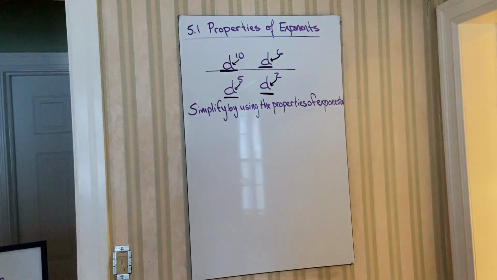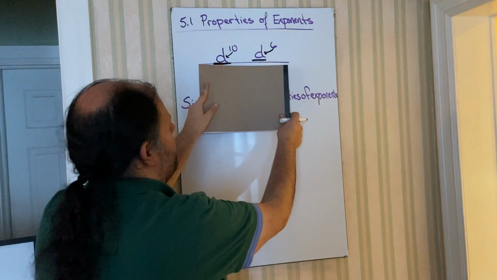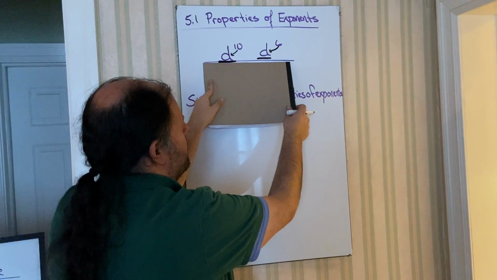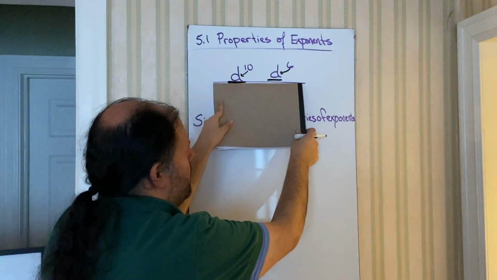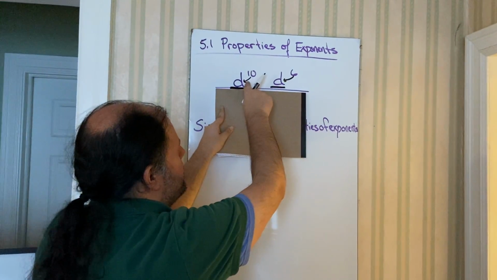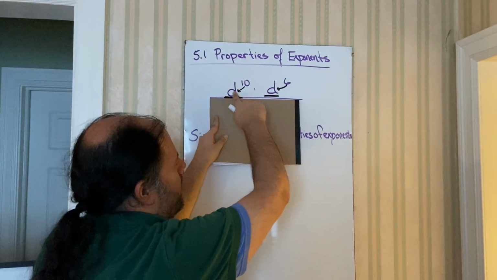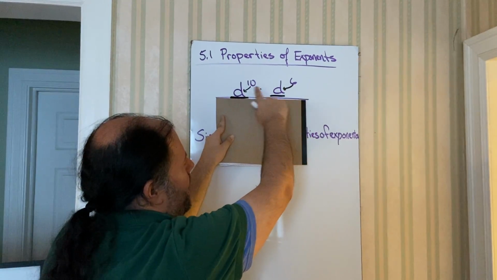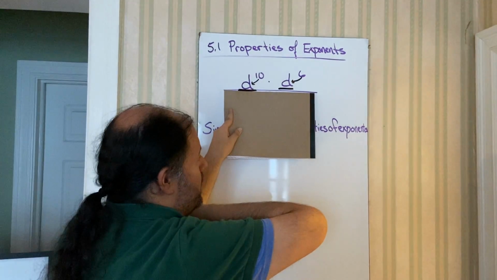It tells you you're going to ignore the denominator at first. Just focus on the numerator. This is technically the product rule. Why? Because this and this together is secretly multiplication. When it's on the same line and you don't see any operation, it's understood as multiplication.